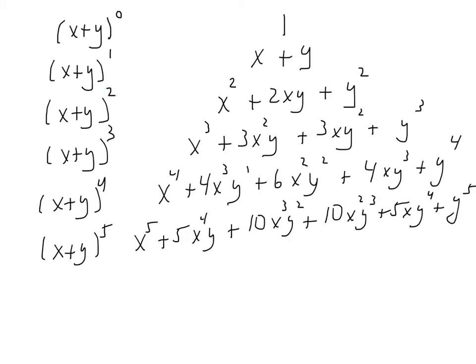In other words, if it's x plus y taken to the second power, the first term of the binomial is raised to the second power. When it's cubed, it's x cubed, to the fourth is x to the fourth, to the fifth, etc. And the other thing is each of the coefficients on this first row all the way down is 1.